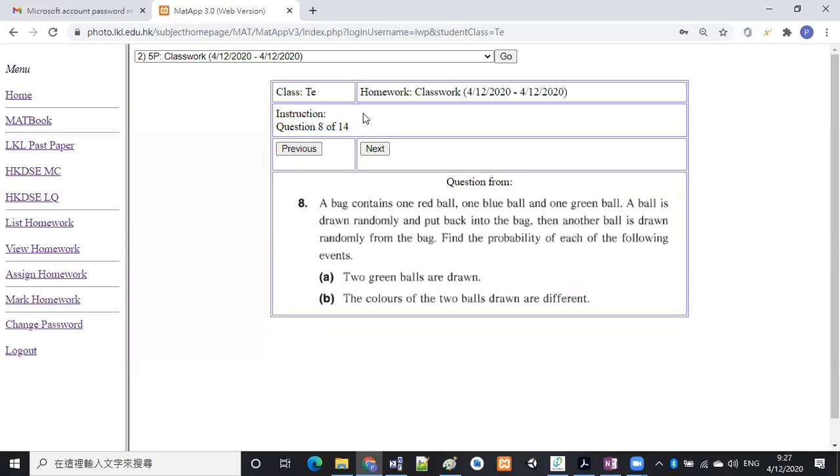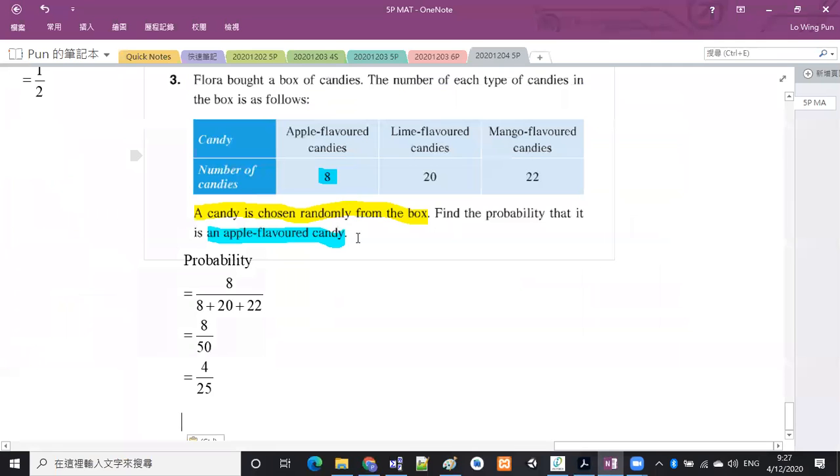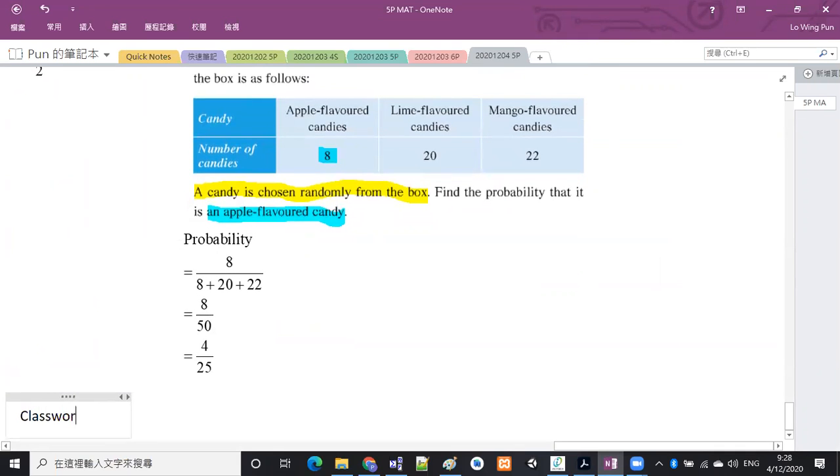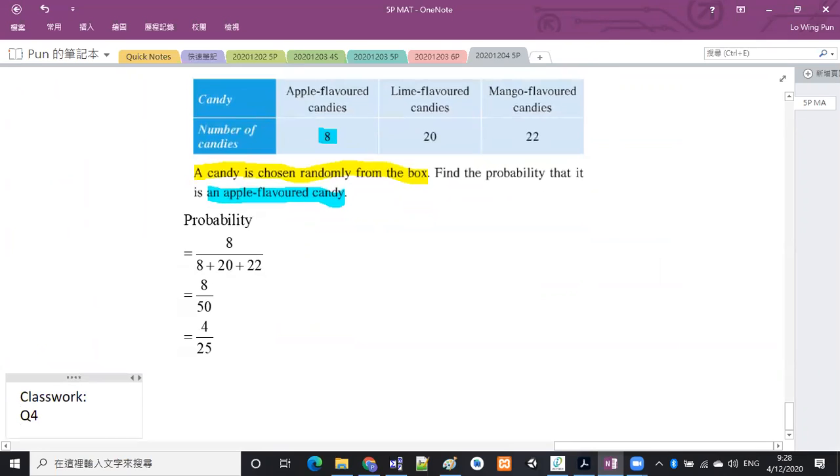Can you try to do question number 4 to number 10 now? So I'll give you 5 minutes.